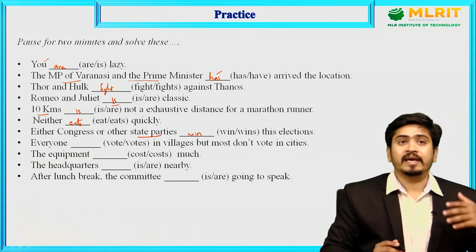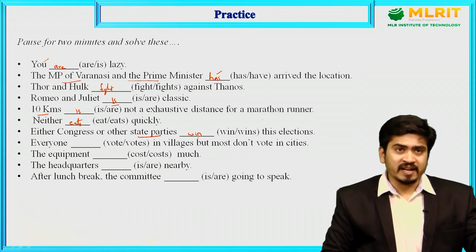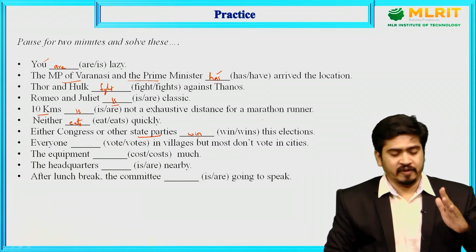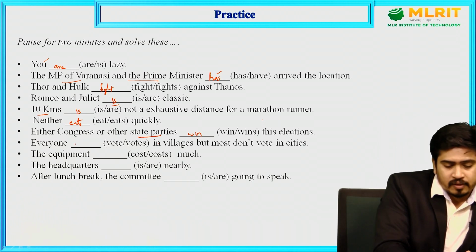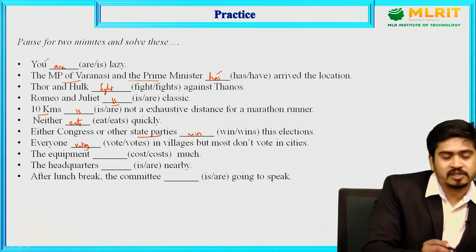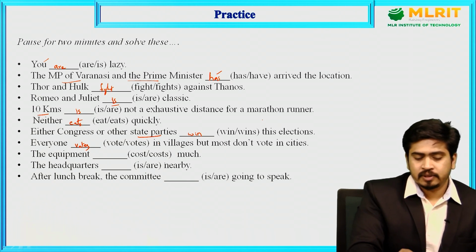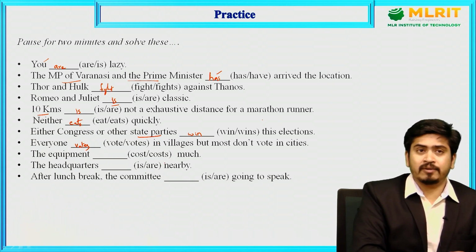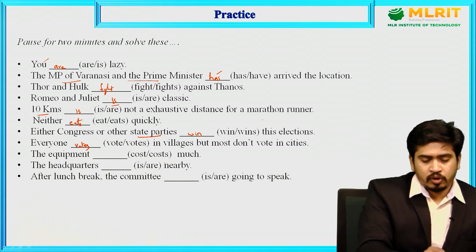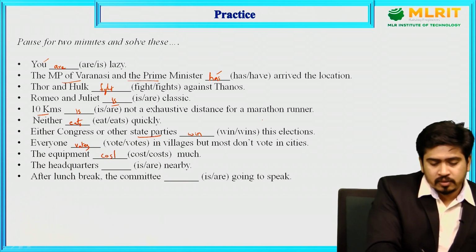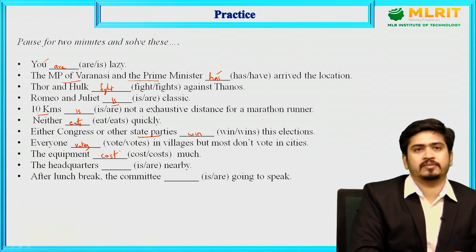Everyone is an indefinite pronoun. For indefinite pronouns, we use singular verbs. So votes is the answer. Next one, the equipment, it's a collective noun. With a collective noun, use plural verbs. So here, equipment cost much.